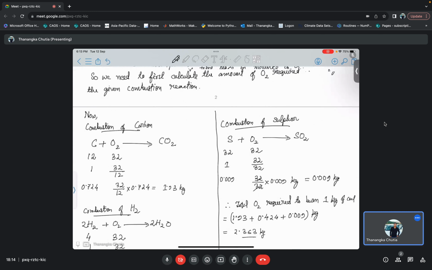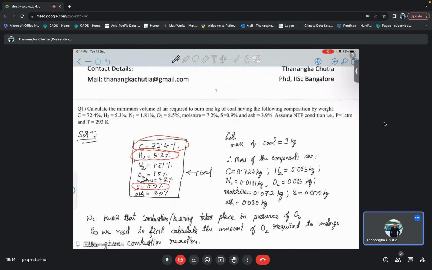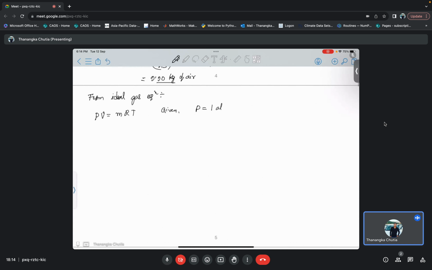So for that, we have the ideal gas equation now. From the ideal gas equation, what can we write? PV is equal to mRT. Given is what? P is equal to 1 atmosphere, that means 1.013 into 10 raised to the power 5 Pascal.